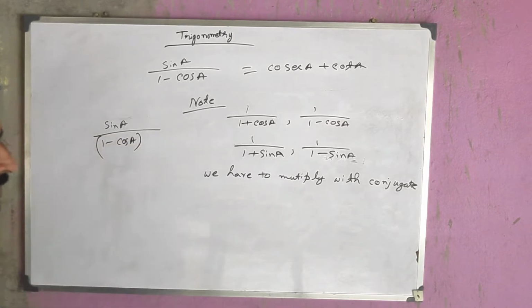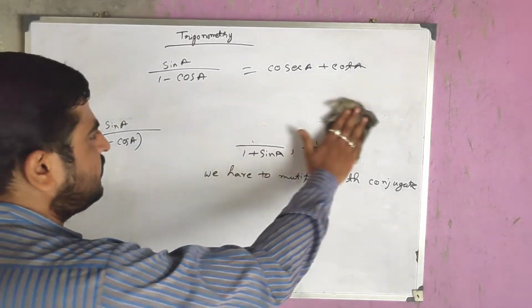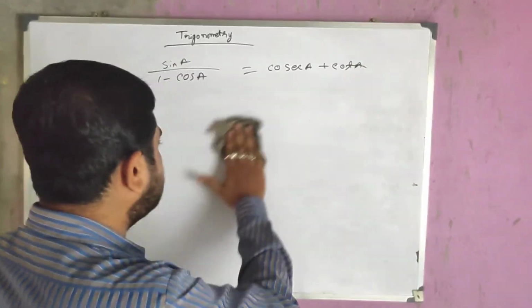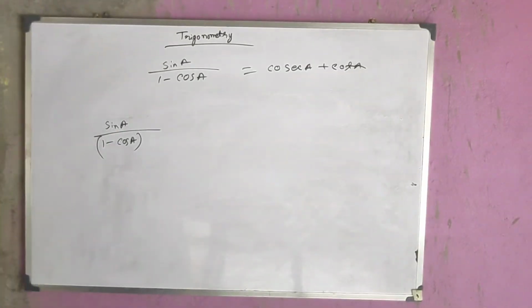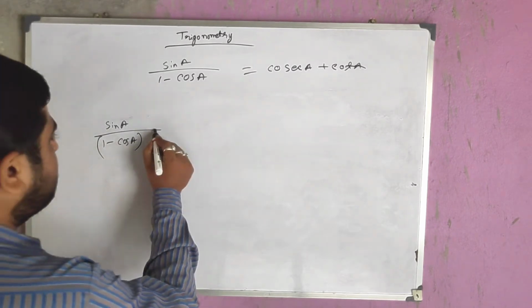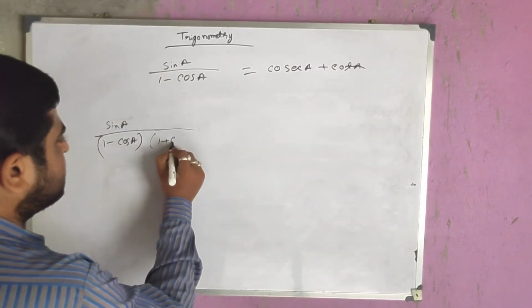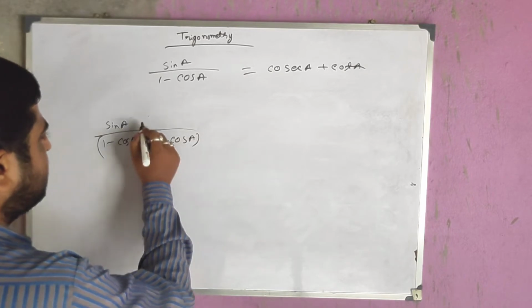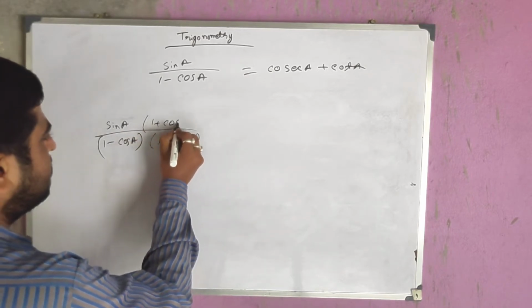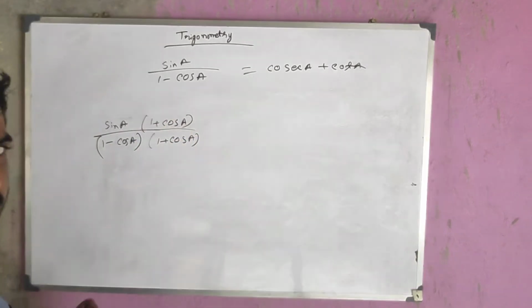So here what we have to do? We have to multiply both the numerator and denominator with 1 plus cos A. This step is always followed.